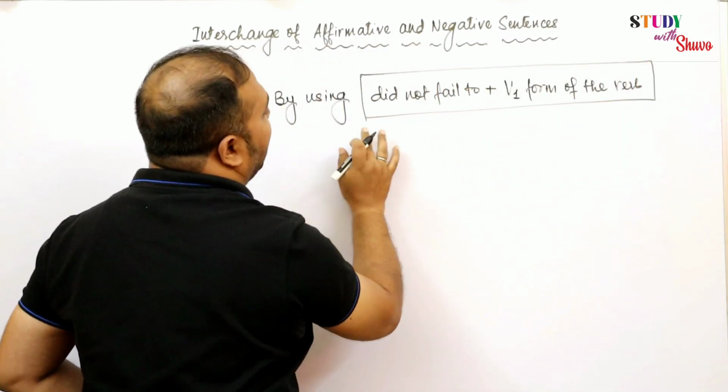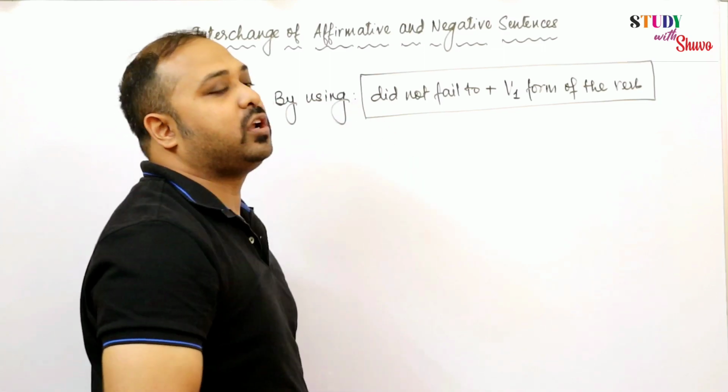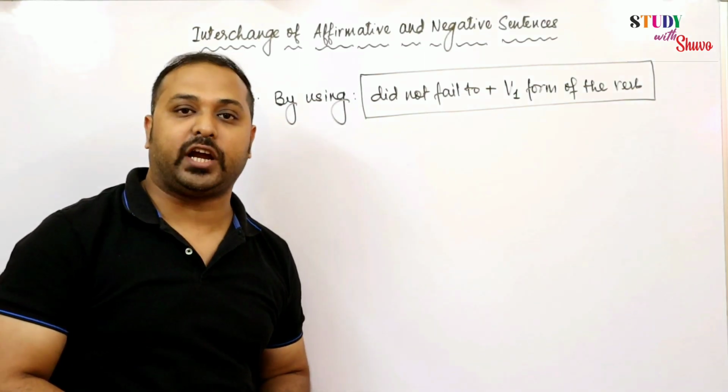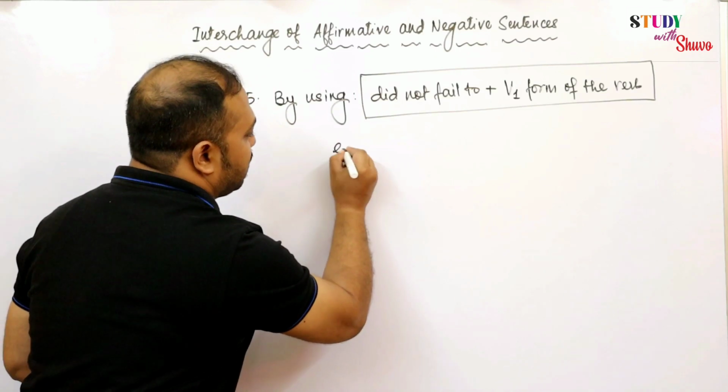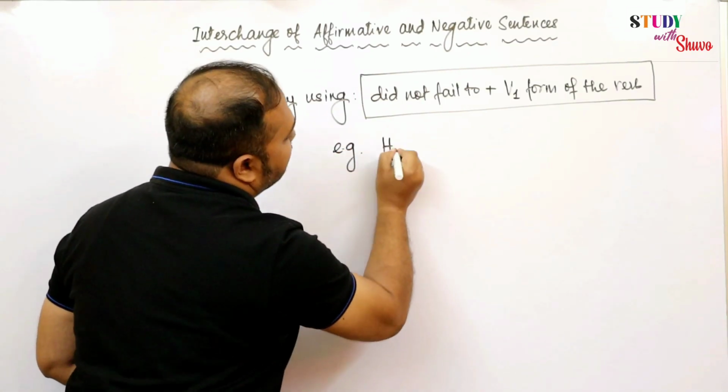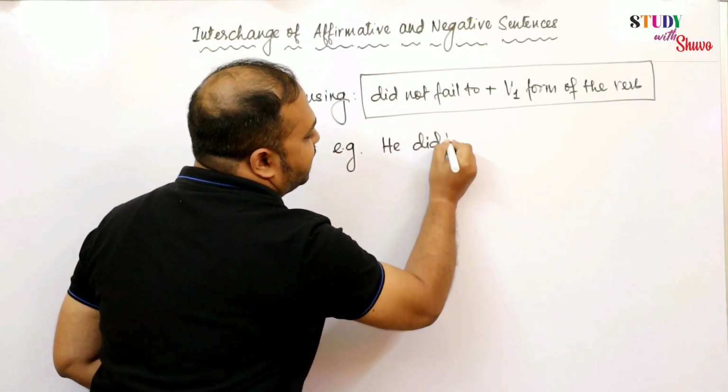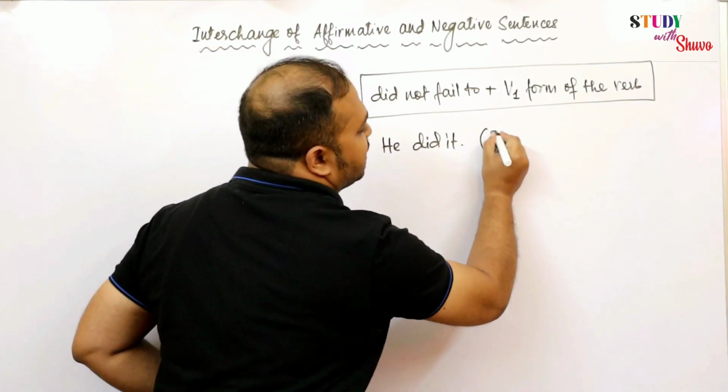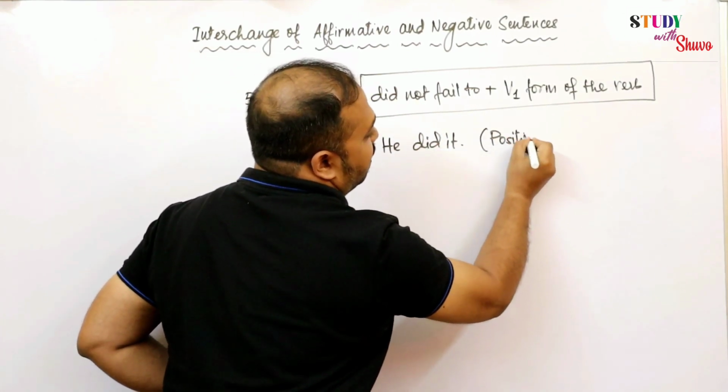This is the formula for conversion of a sentence from affirmative to negative. Let's take an example. For example, he did it. This sentence is positive in character.